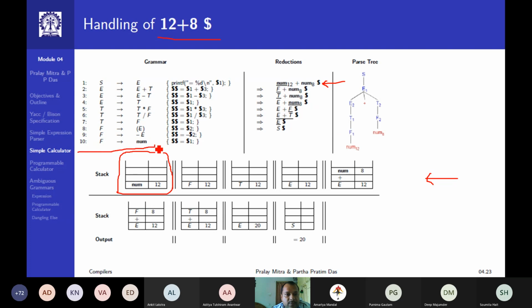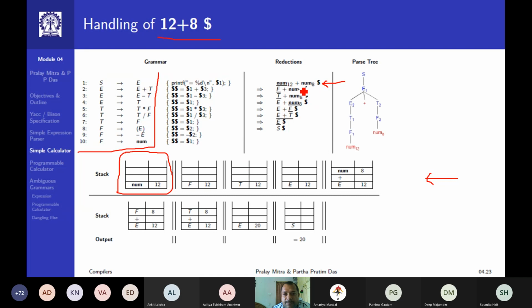This is my grammar rule for the simple calculator I mentioned, and corresponding to each production rule, the action encoded in my Bison program is also mentioned here. printf %d $1, it was just a printf statement. For addition, $$ equals $1 plus $3, that I explained to you. So all those are listed here.